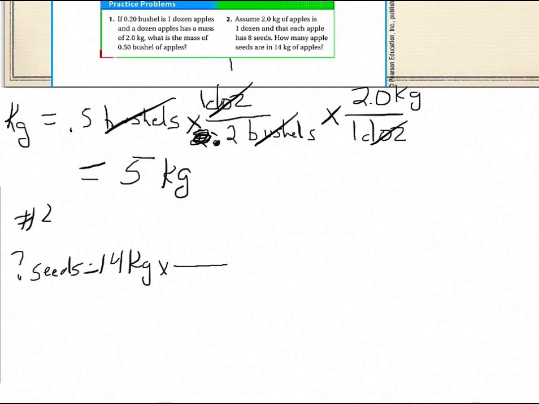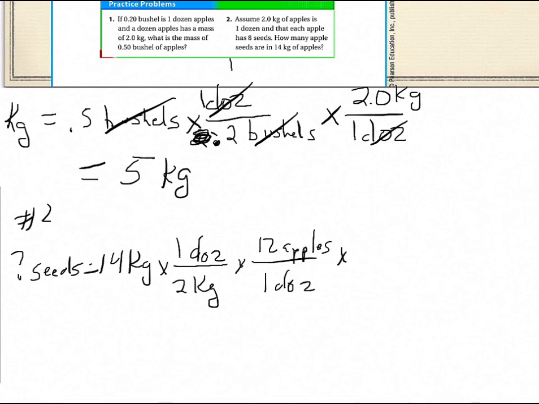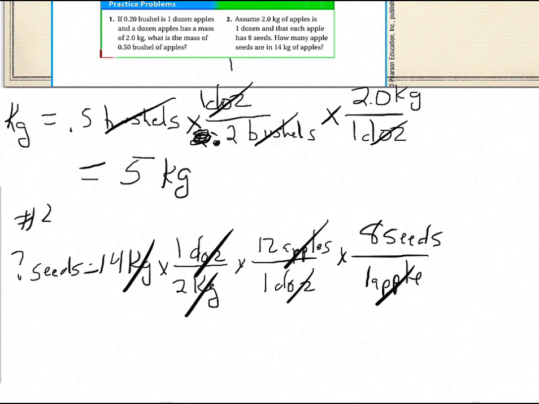So we know 2 kilograms is 1 dozen, and we know 1 dozen is 12 apples, and we know that 1 apple has 8 seeds. So we can cancel all that, and we get 14 divided by 2 times 12 times 8, and we get 672.